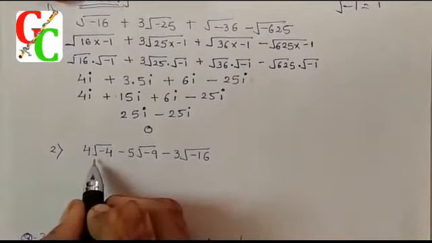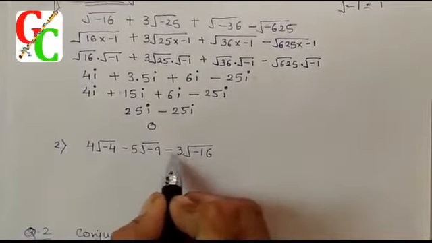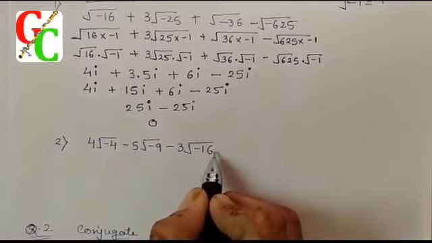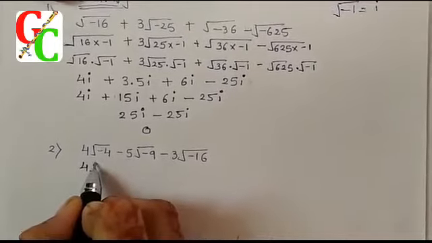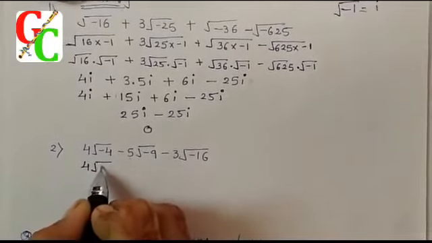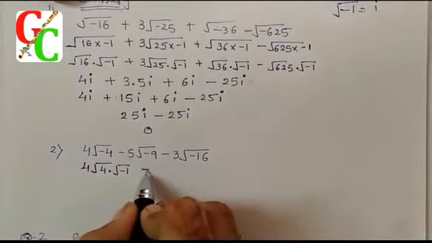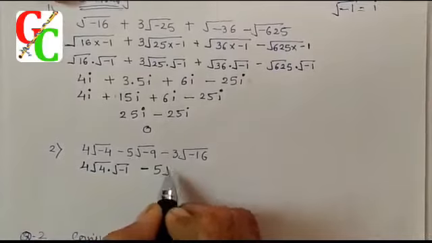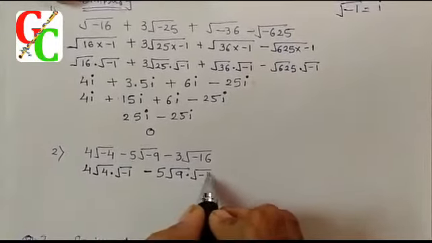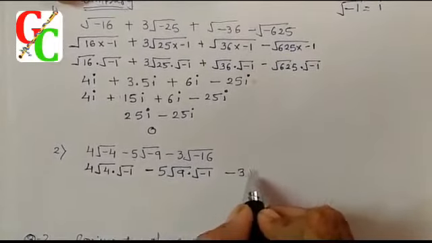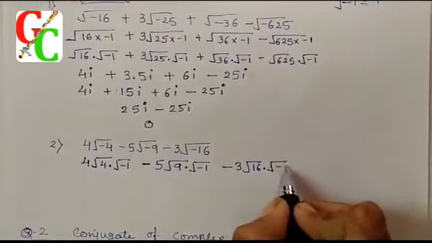4 root minus 4 minus 5 root minus 9 minus 3 root minus 16. Same way first we write 4 as root 4 into root minus 1, minus 5 square root of 9 into root minus 1, minus 3 square root of 16 into root minus 1.